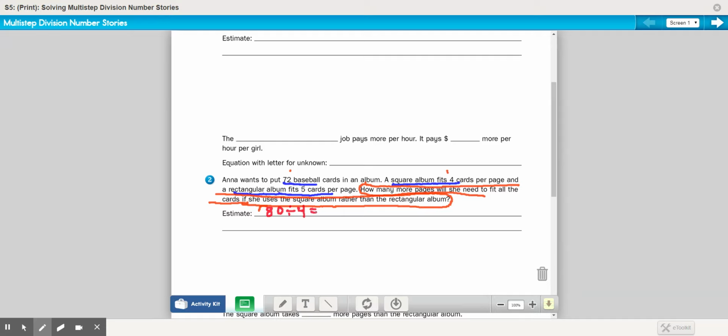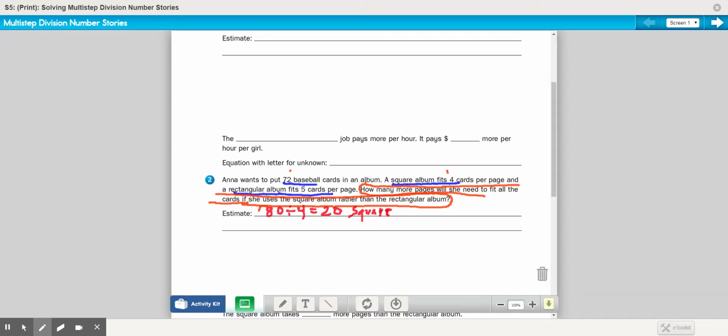And we'll say that 4 goes into 8 twice, but that's not 8, it's 80. So we know our answer is going to be 20. So this is one estimate for the square album. SQ, I'll just write it out, square. Okay. And you know that it's hard to write on here.